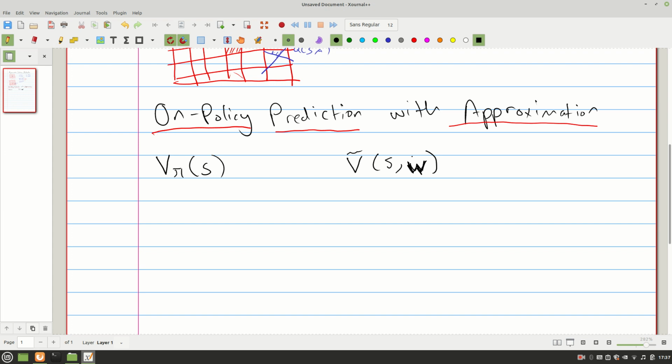So that means that when w changes, it won't just change the value of one state, it might change multiple states.